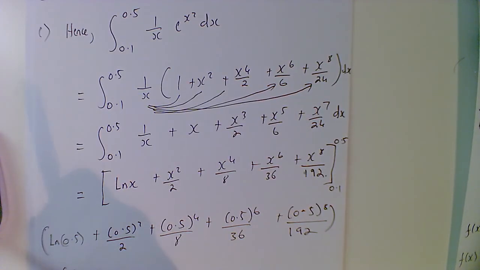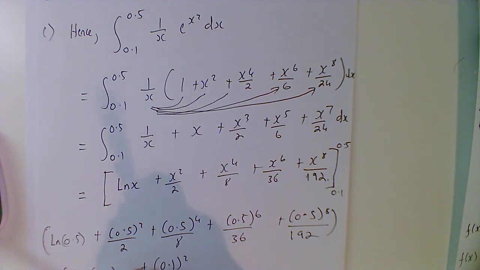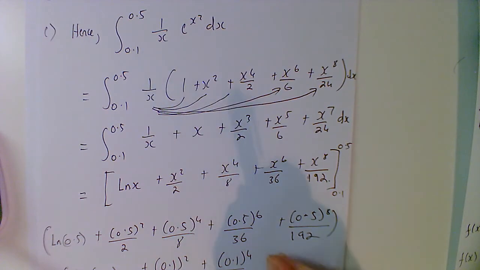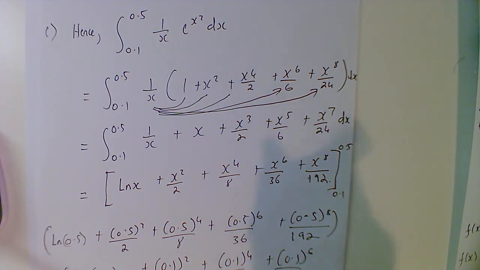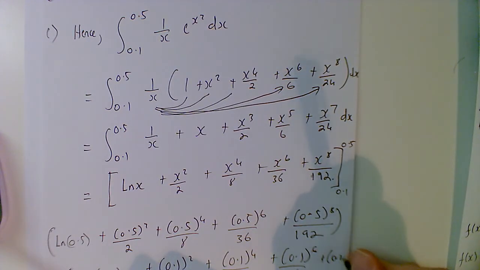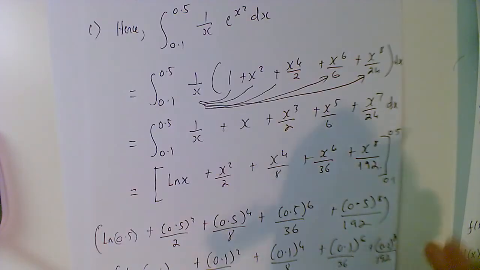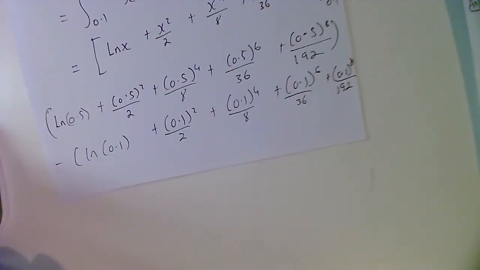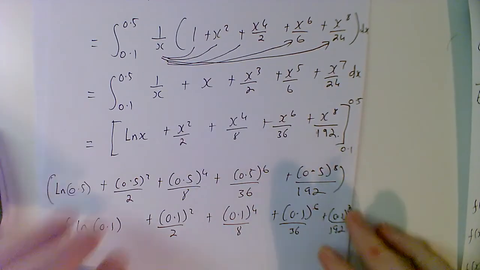Take away ln 0.1 plus 0.1 squared over 2 plus 0.1 to the power of 4 over 8 plus 0.1 to the power of 6 over 36 plus 0.1 to the power of 8 over 192. And we're just doing the same thing, but you've substituted in 0.1 instead of 0.5.